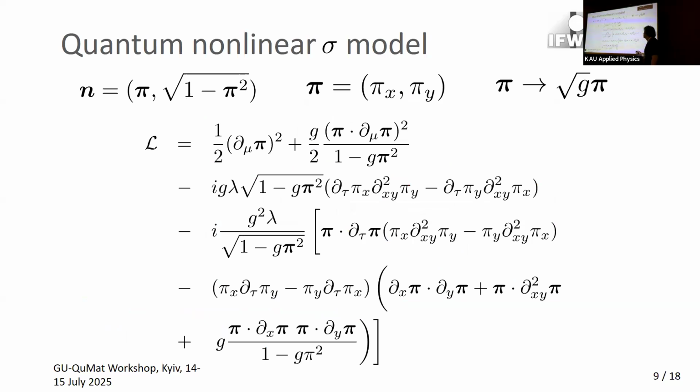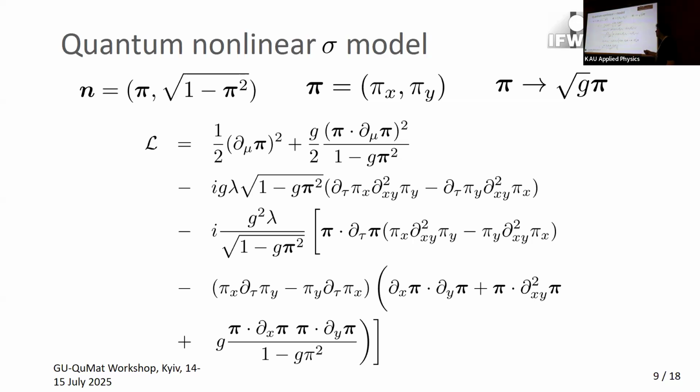Why am I doing that? I'm doing that because I wanted to have one term, which is the standard spin wave theory for the antiferromagnet. And these are the corrections, a very complicated term, including derivative interactions.